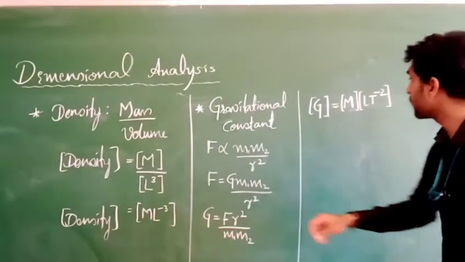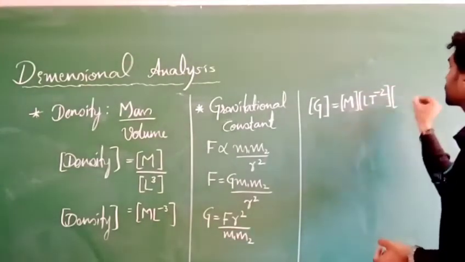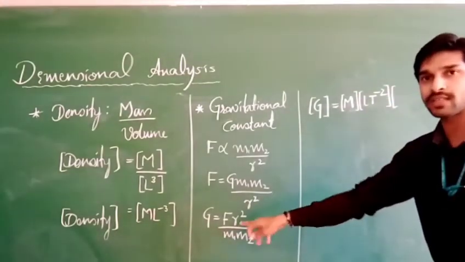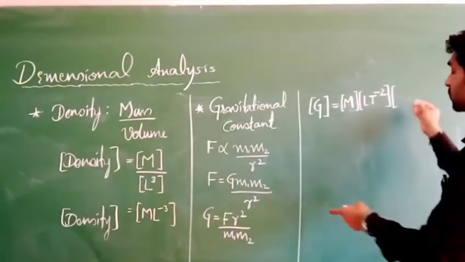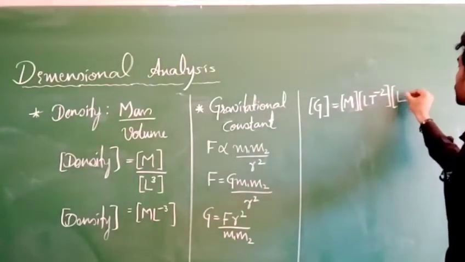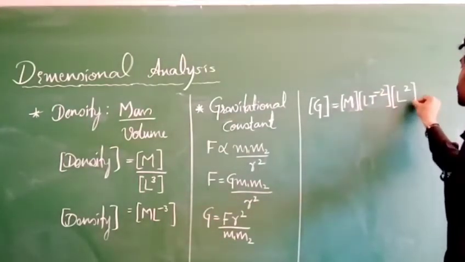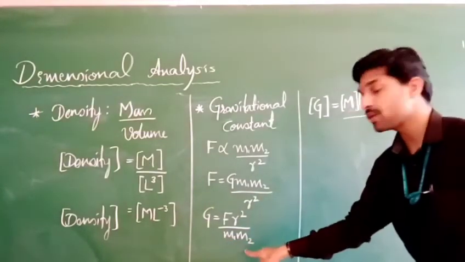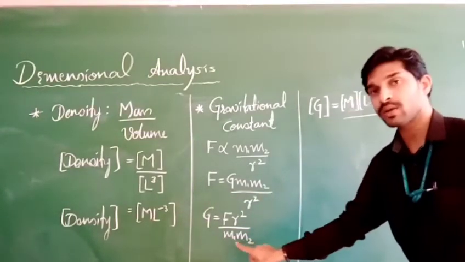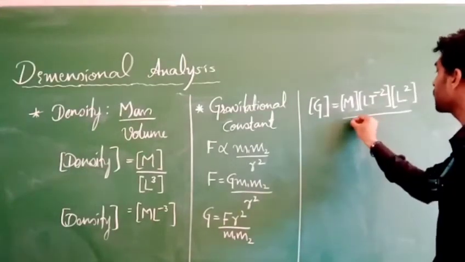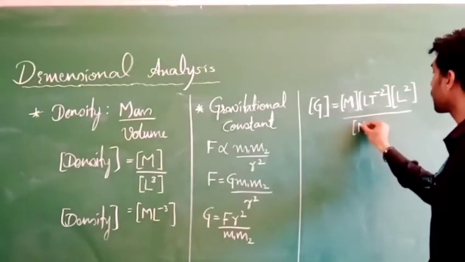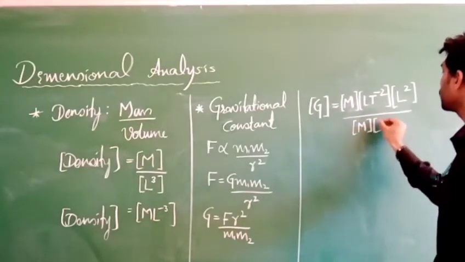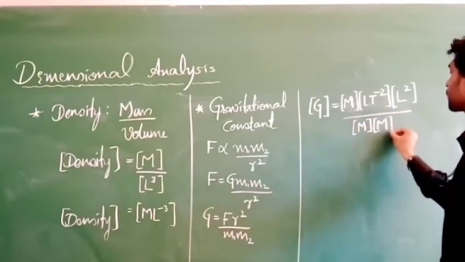Next, r square, distance square. R is radius, and radius is distance. So r square is basically length, L square, whole divided by m1 into m2. m1 is also mass, m2 is also mass. So what can I write? For m1 capital M, for m2 again one more capital M. Clear?